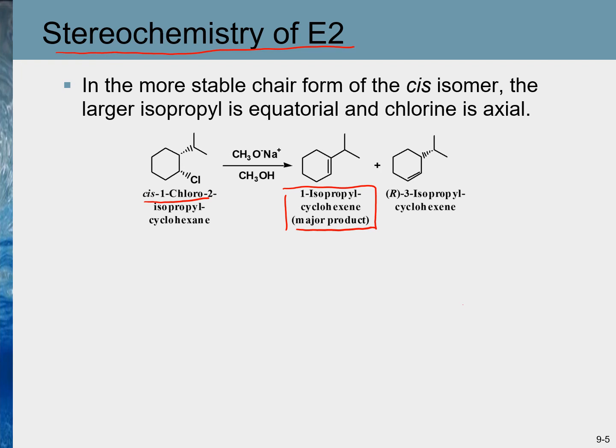In order to understand the stereochemistry, we must draw the chair conformation of this cyclohaloalkane. So that's carbon number 1, carbon 2, carbon 3, and so on. If you look at the chloro group as well as the isopropyl group on carbon number 2, both of them are away from the viewer or behind the ring. So therefore, when we draw the chair conformation, let me draw the chair conformation first.